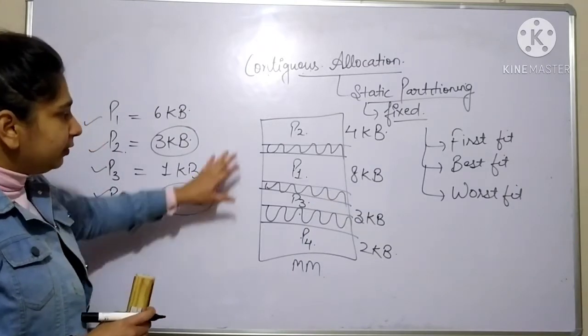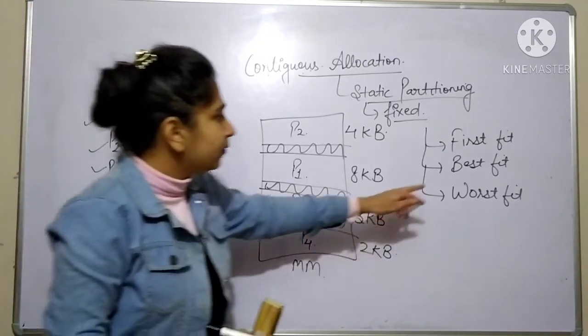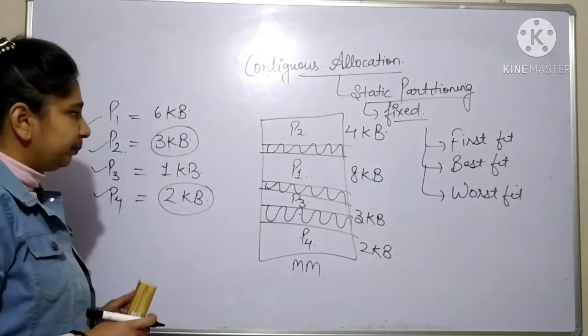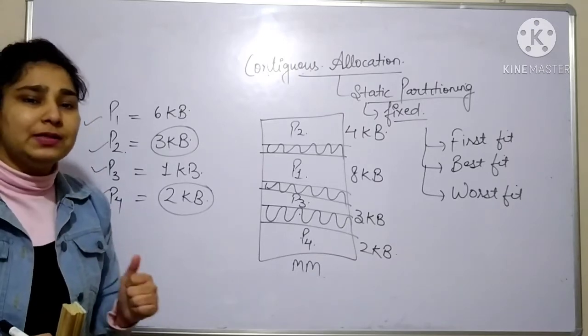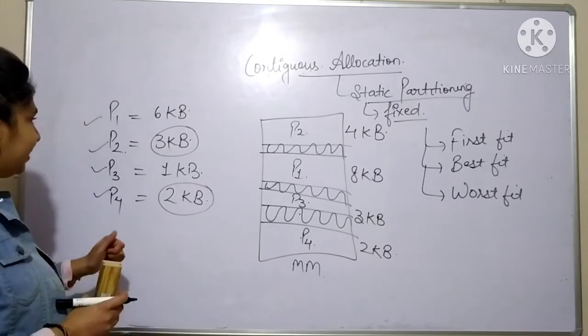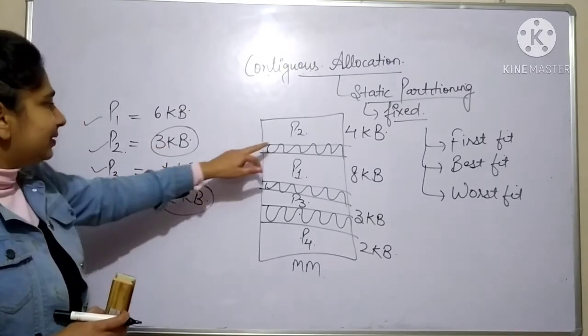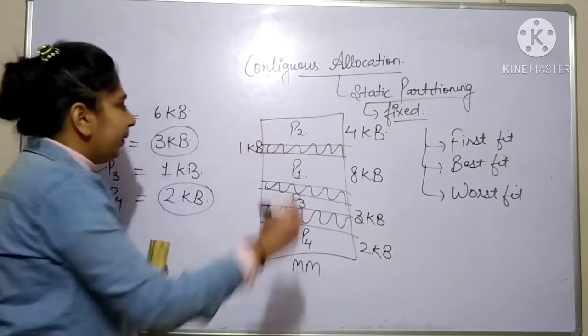Okay. So if you are using the first fit algorithm, how much memory space are you going to waste? Process P2 size is 3 KB, here I am wasting 1 KB.